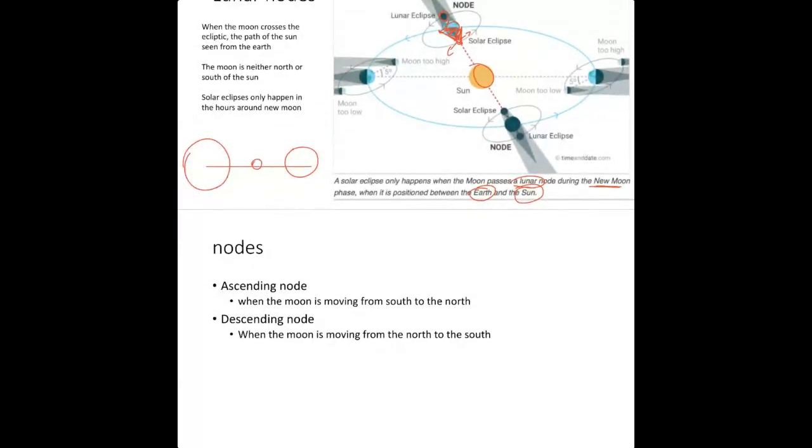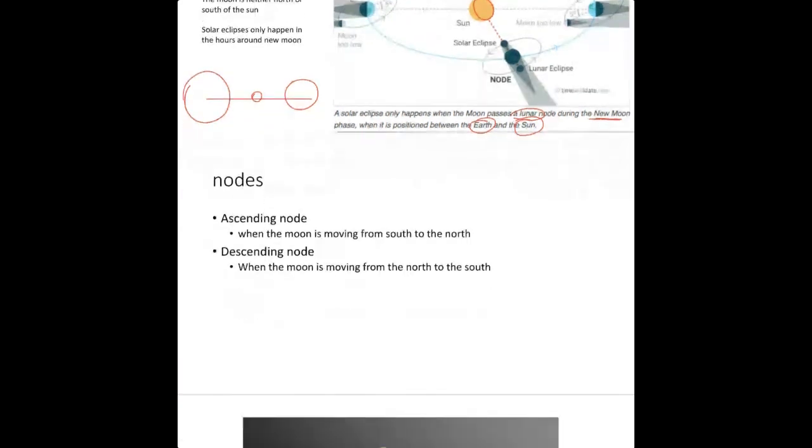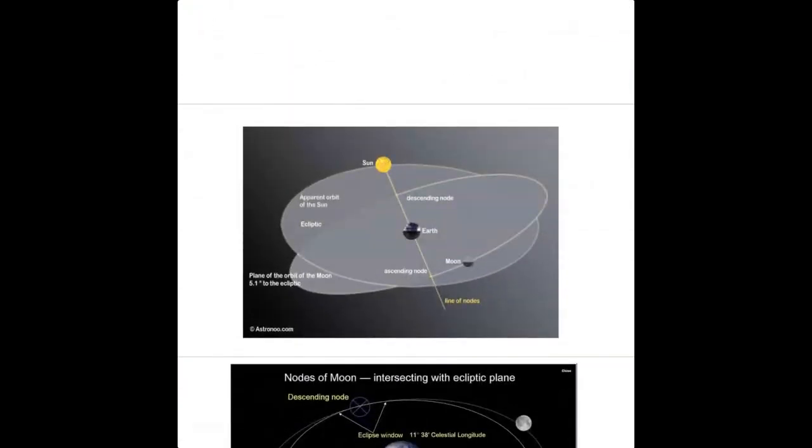Voilà. Now there are two nodes: the ascending node and the descending node. Ascending means going up. This is when the moon is moving from south to north, and descending is when it's going down, meaning the moon is moving from north to south. This is represented again here.